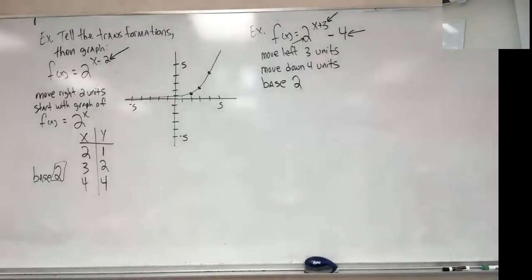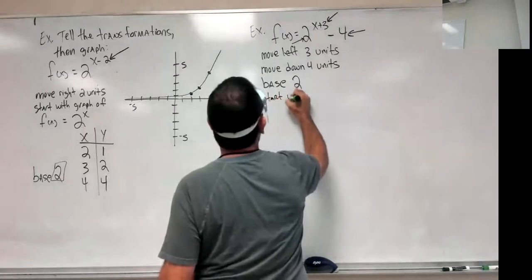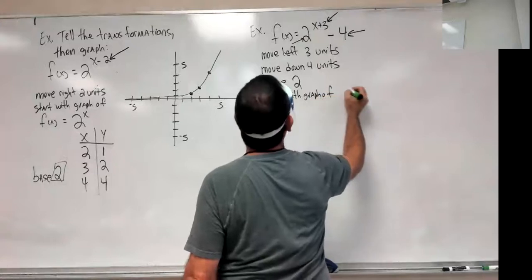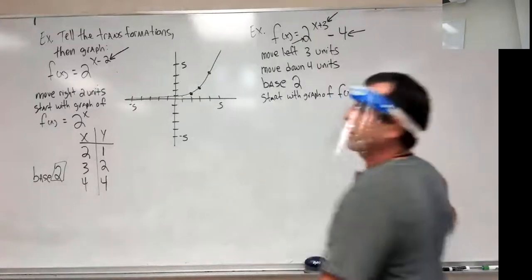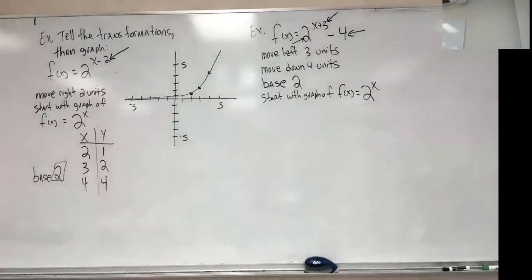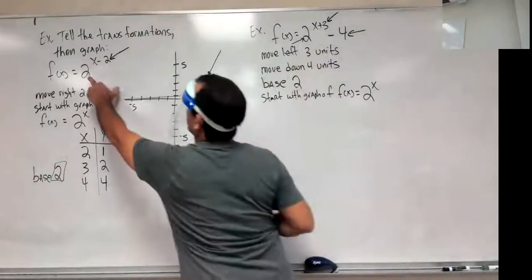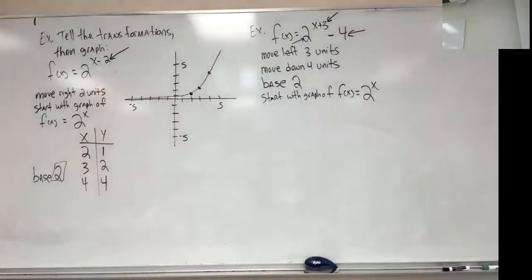So it's going to ask you to start with the graph of f of x equals 2 to the x, okay? So just remember the number that's being affected by those exponents is my base, okay?